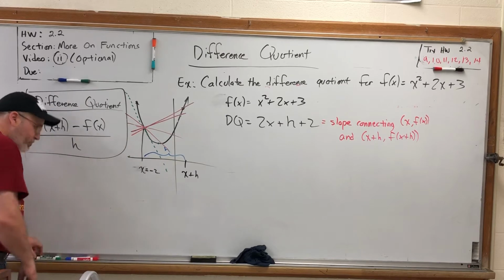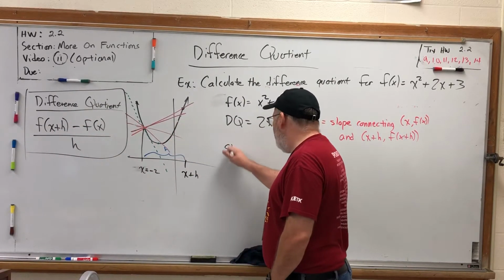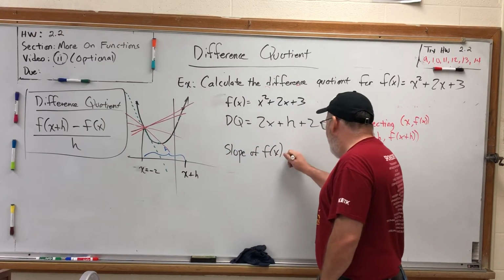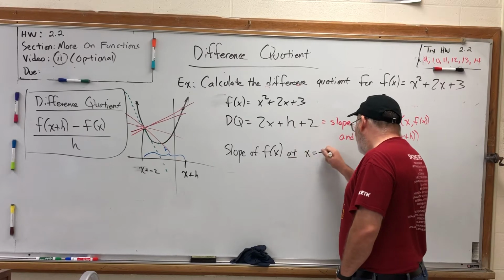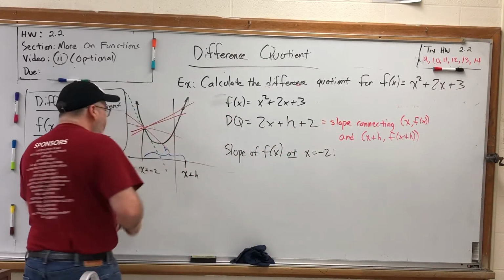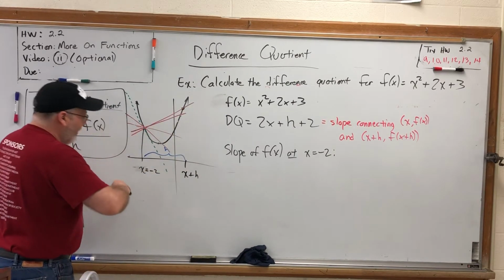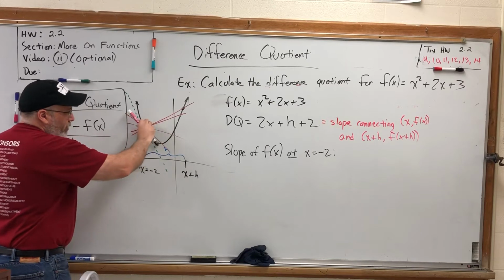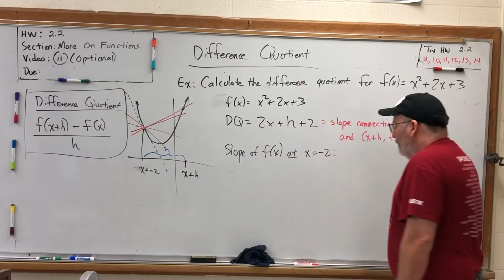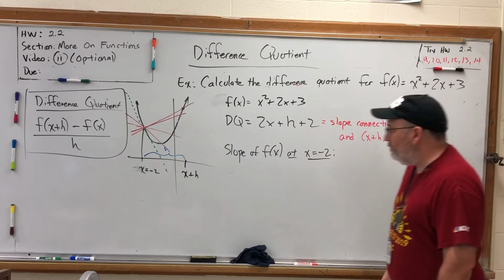So how can we use this in a calculus context? If we want to find the slope of f of x at x equals -2, then we have to ask ourselves what would happen as the second point collapses to the first one and these red lines slowly merge into the green line. Well, I know what x value I want to use, -2.